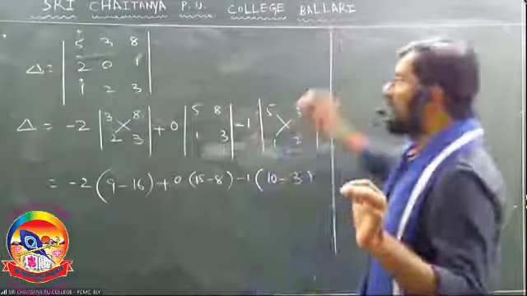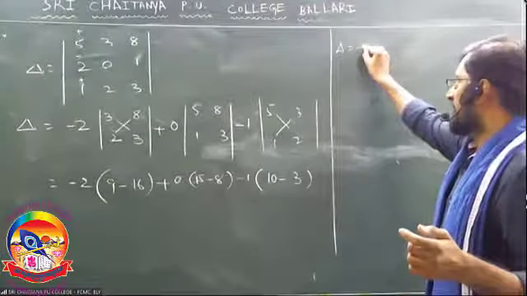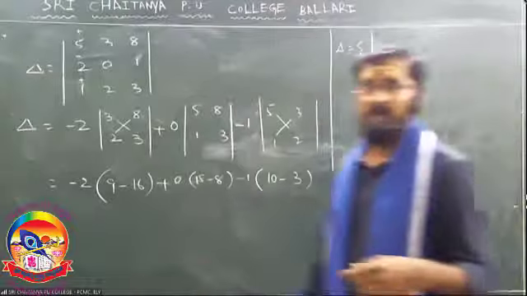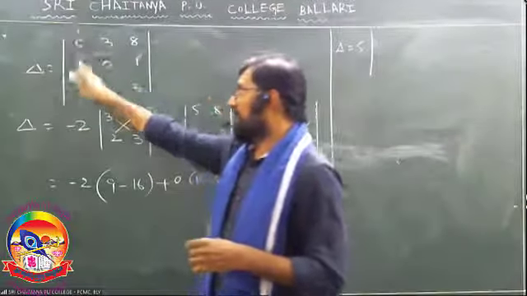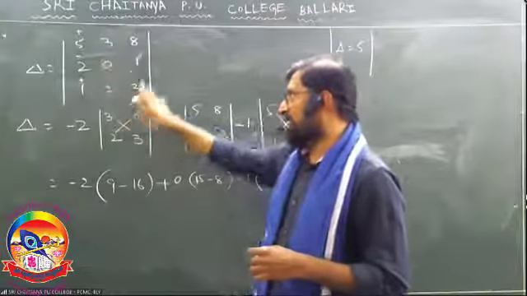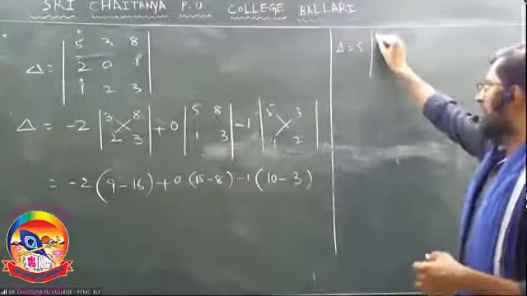First column, observe. Delta is equal to plus 5 into delta of, excluding this column and this row, you will have these 4 elements, 0, 1, 2, 3.